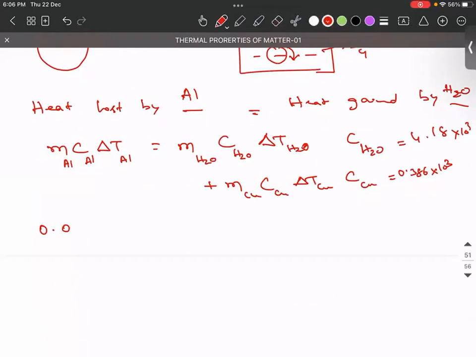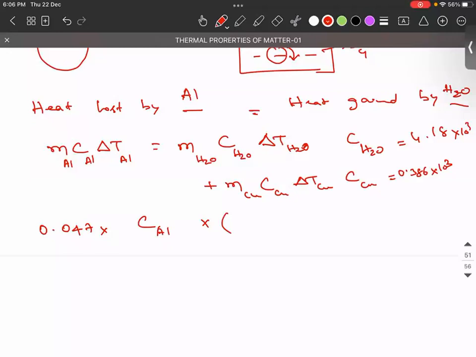Okay. So mass of aluminum, how much should I substitute? 0.047, into specific heat of aluminum, which we need to find, into 10 power 3, into change in temperature of aluminum. That is what the question is. What is the change in temperature?